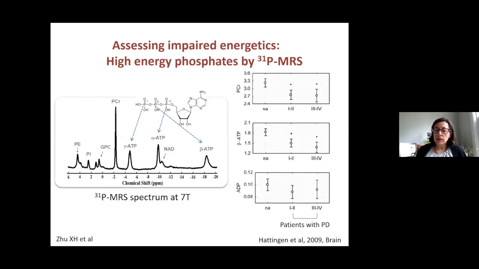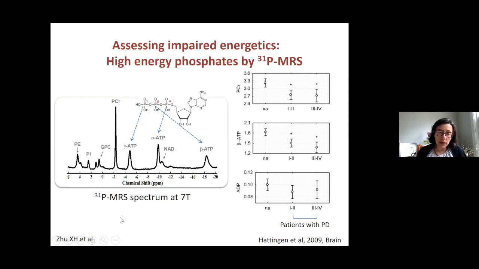Then a little bit simpler method to get an evaluation of energy status in the brain is phosphorus MRS. In this case, you are detecting endogenous signal. You do not need to administer a labeled compound, but it requires non-standard hardware. You can detect ATP, ADP, and phosphocreatine levels, and here's one example where they detected differences between controls and patients with Parkinson's disease.